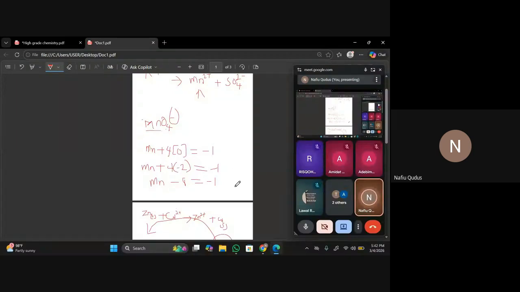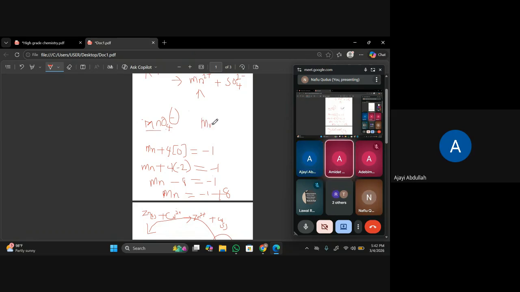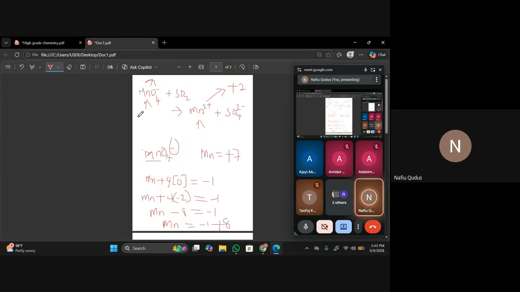This -8 will come here and becomes +8. Mn equals -1 plus 8. What is -1 plus 8? Mn is +7.